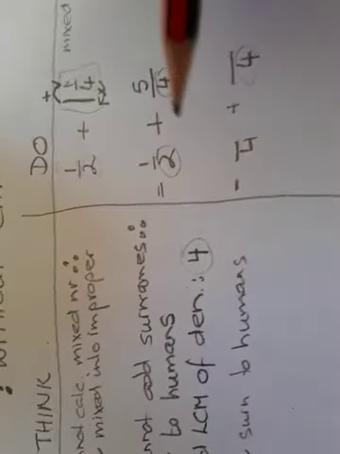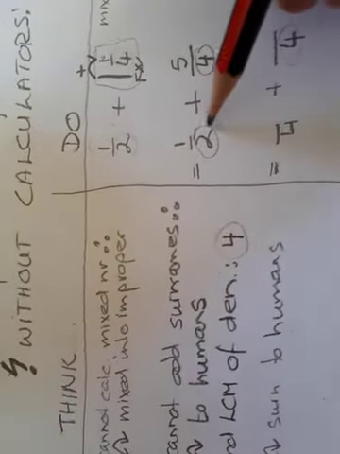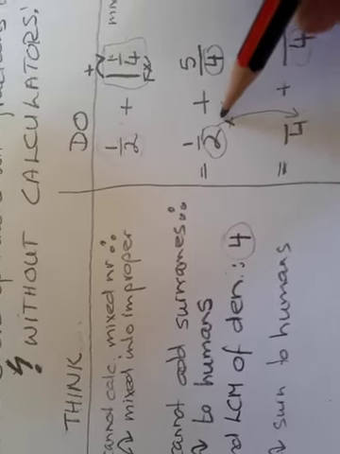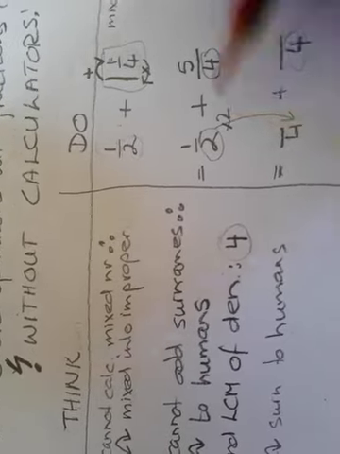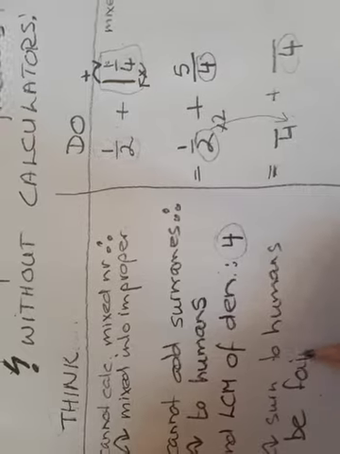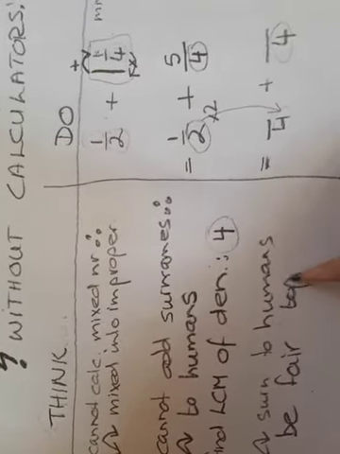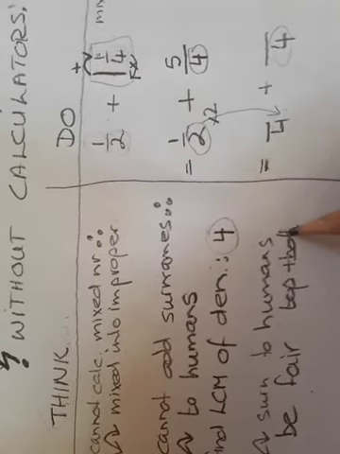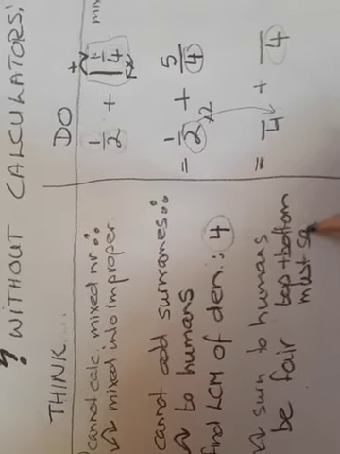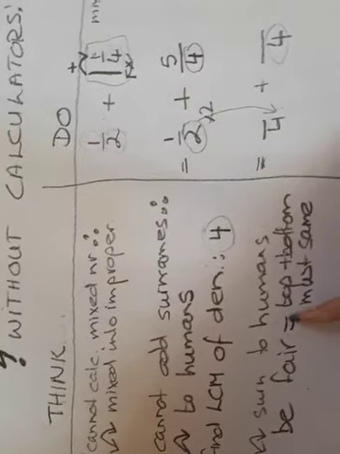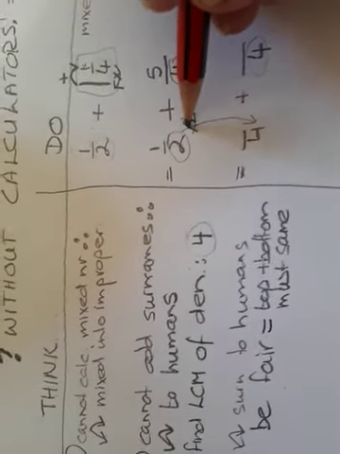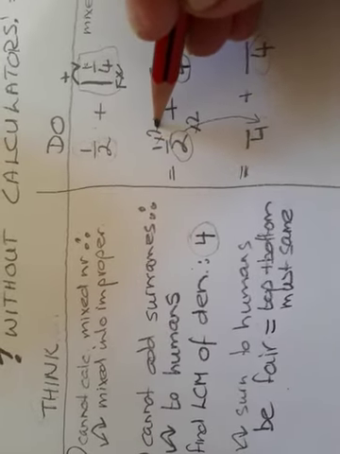Right. Then you ask yourself, how do you get from 2 to 4? You have to multiply by 2. And then I taught you the step of be fair. What you do at the top and the bottom must be the same. Top and bottom must be the same. That is what being fair means. So if you multiply the bottom by 2, then you must also multiply the top by 2.